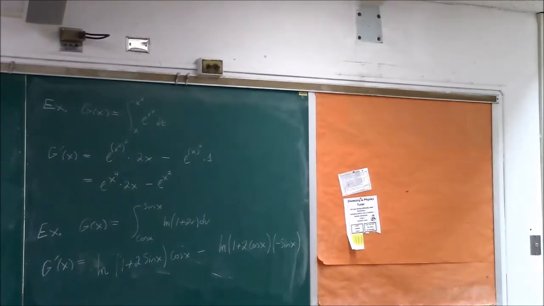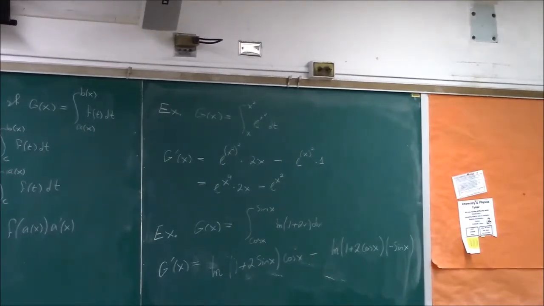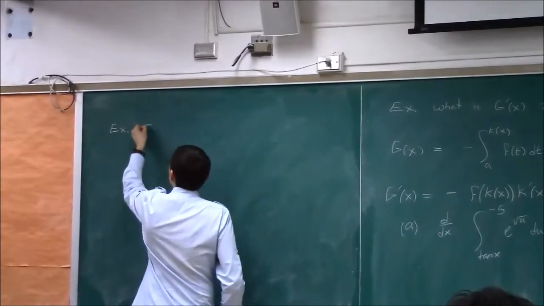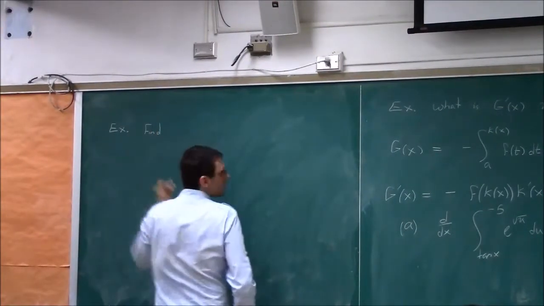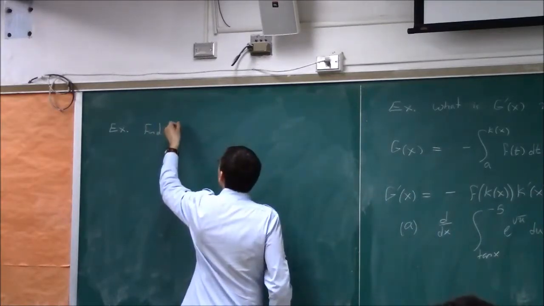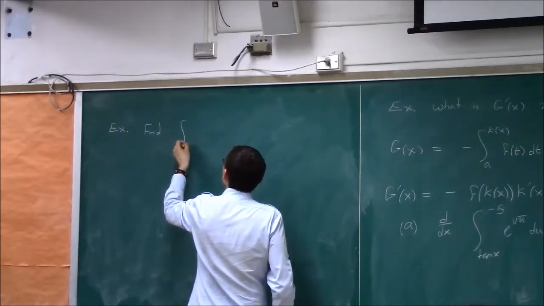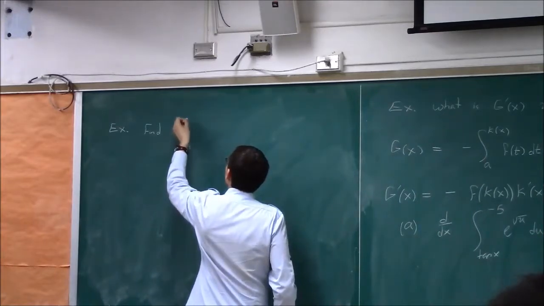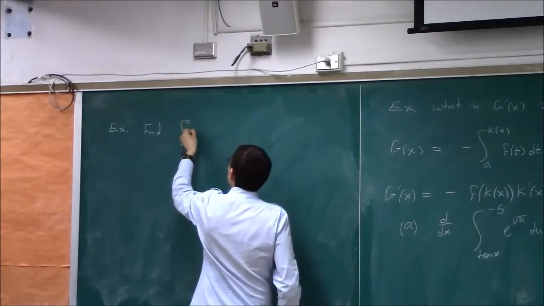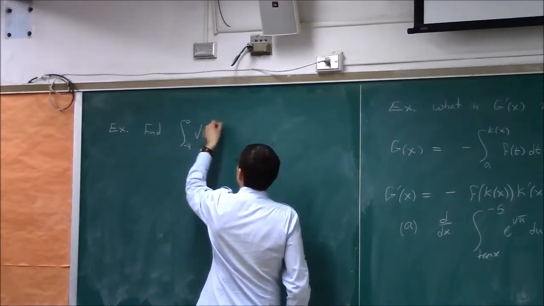So a few other questions just to see what your intuition is. Example, it doesn't have to be related to what we just did. I just want to see how ready you are. So find the integral from minus 4 to 0 of root of 16 minus x squared.